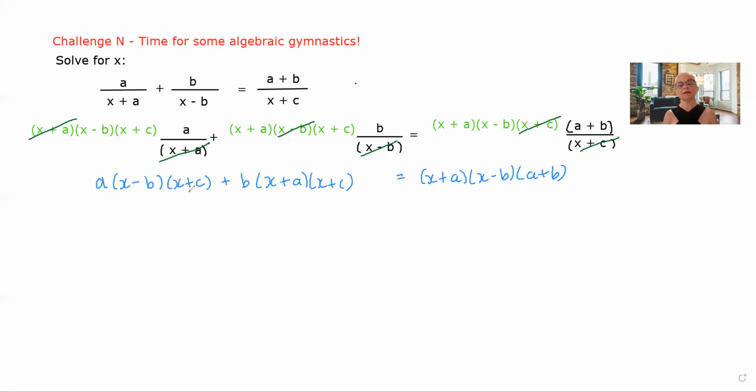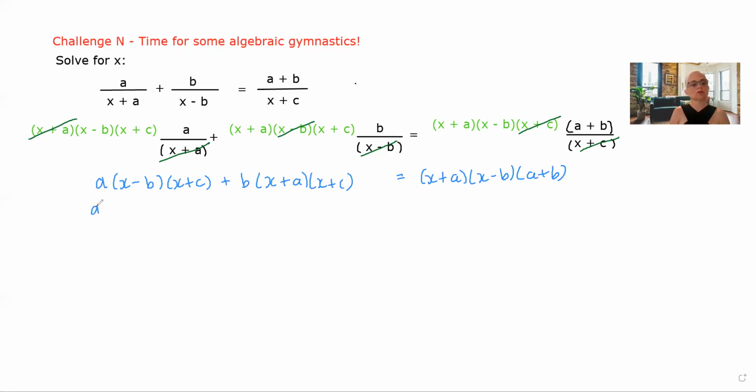It really doesn't matter. Multiplication is both commutative, in other words, it doesn't matter which order you do it in, and associative in the sense that it doesn't matter whether we do the a times that and then multiply by that, or do the a times that and then multiply by that, or multiply those two together and then multiply by the a. It doesn't really matter.